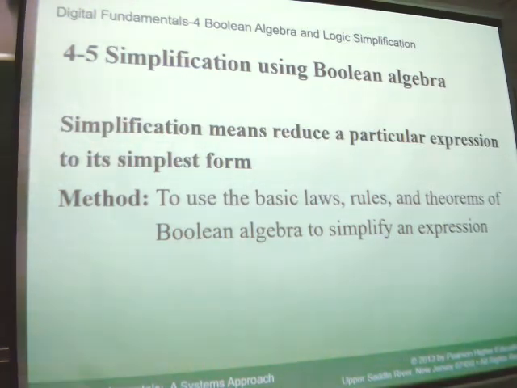Theorems include De Morgan's theorem and the substitution theorem, right?